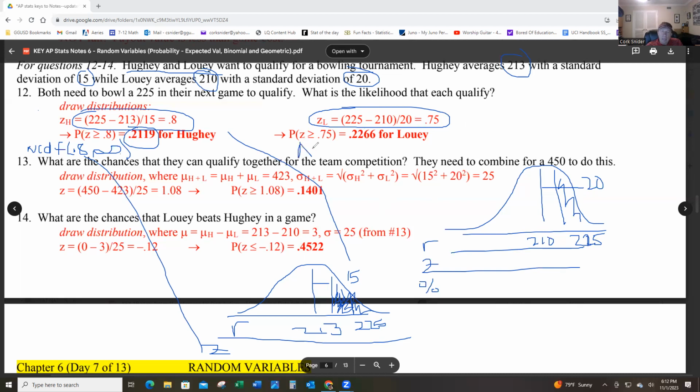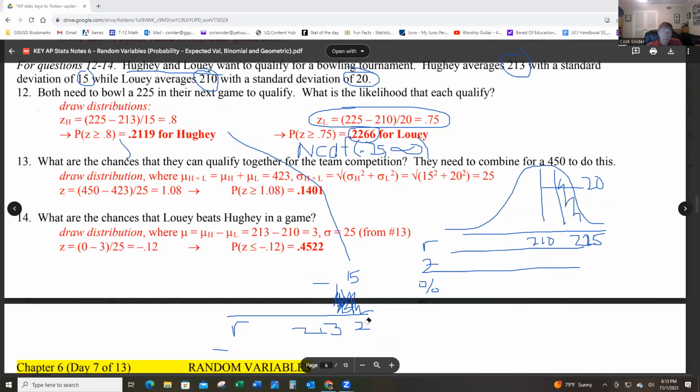And this is going to be NCDF 0.75, comma, infinity. And again, probably put the number 1,000 in for infinity. And you're going to get this number, 0.2266. Okay? So there's those two.